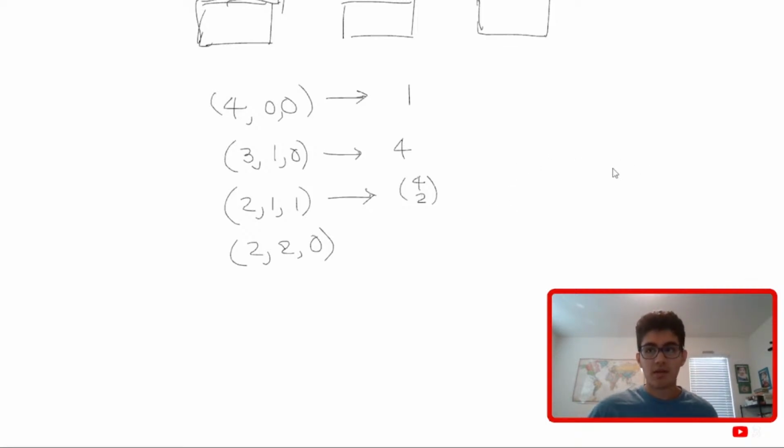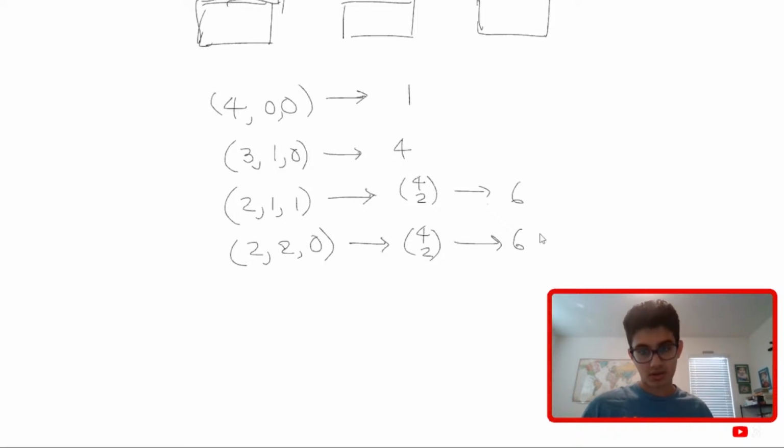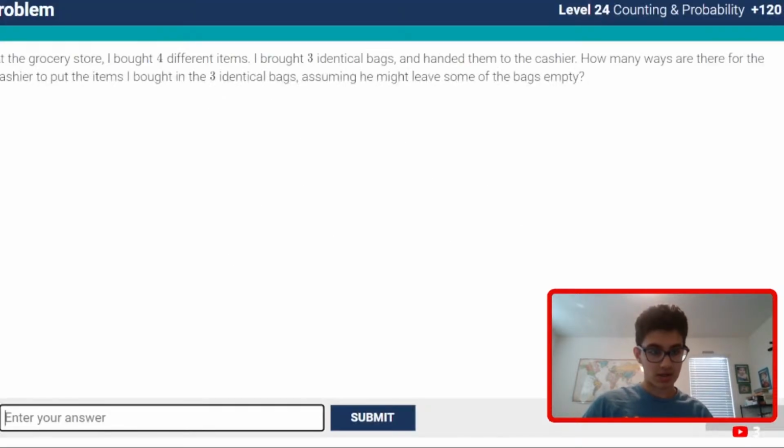Because you have to see which two of the 4 will go in the group of 2. The other 2 will obviously be isolated. So this is 6. And similarly, this will also be 4 choose 2 because you just pick which 2 will be together, which 2 will be together. So this is also 6. So this adds up to 17. So I think it's 17.